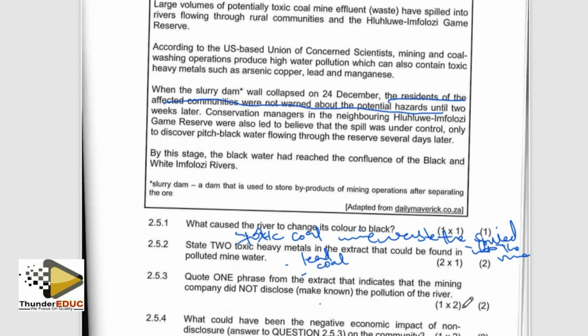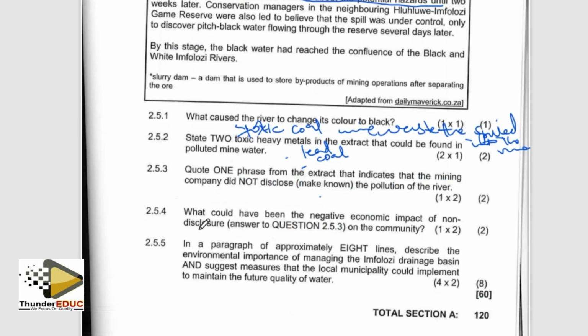2.45. So what could have been the negative economic impact of the non-disclosure on the community? That means if you did not disclose it to the community, and this toxic gas spilled in the water, there would be a lack of drinkable water.